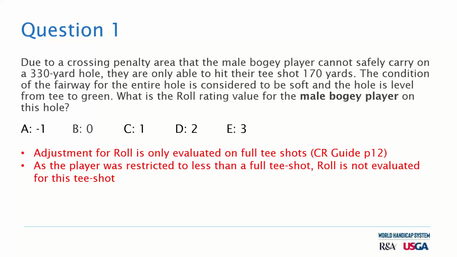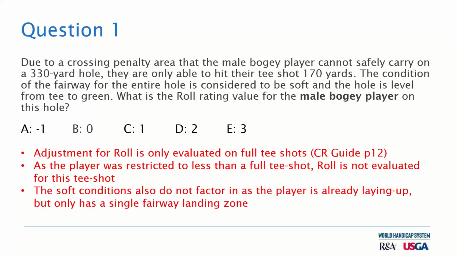And because this player can reach the green in the second shot, there is no additional landing zone. So that soft condition does not factor in. It's overridden by the fact that they laid up. So the overall rating for roll is going to be 0. That's strictly because we don't evaluate roll on a full tee shot, and there is no second full shot on this particular hole.